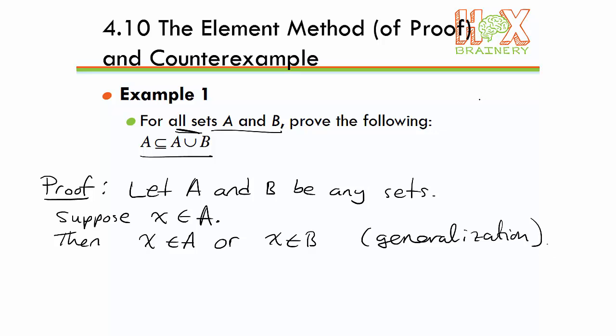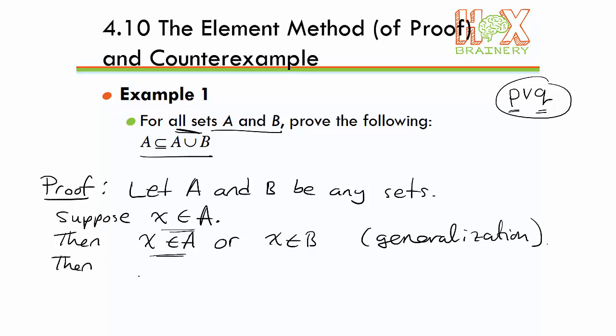Think back to one of our first chapters where we went over logic and we talked about the disjunction, the or, P or Q. Just one of those had to be true for the whole disjunction to be true. So if x is in A, then we can say that x is in A or x is in B, and it's still a true statement.